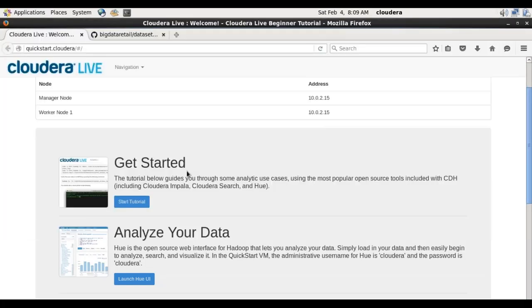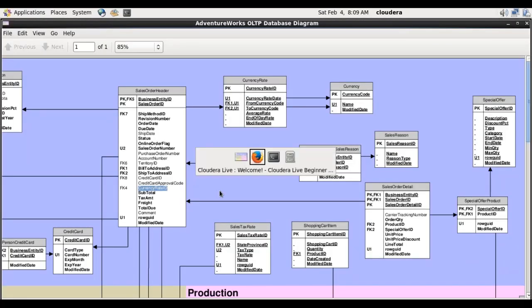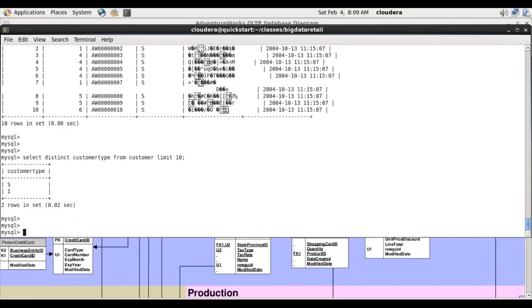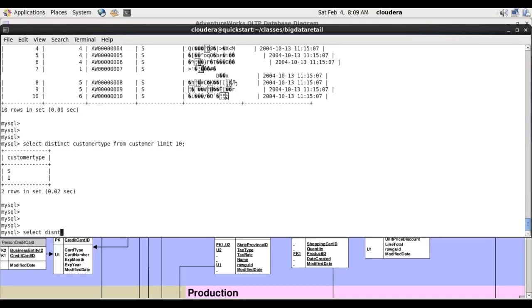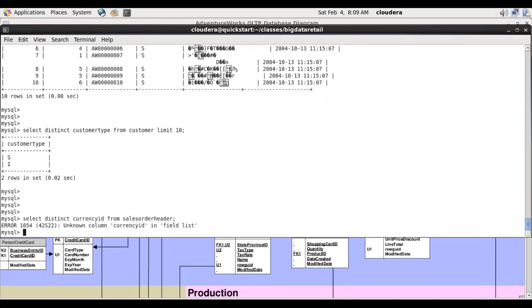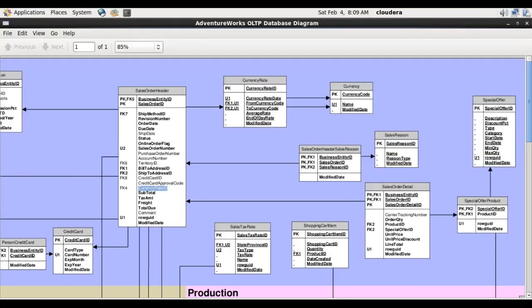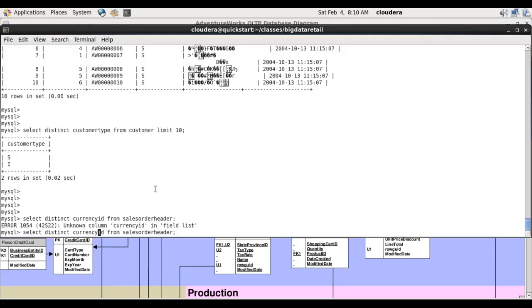So for example, let's see currency ID. Let's do select distinct currency ID from sales order header. Sales order ID, where is it? Where's currency rate ID? Sorry.